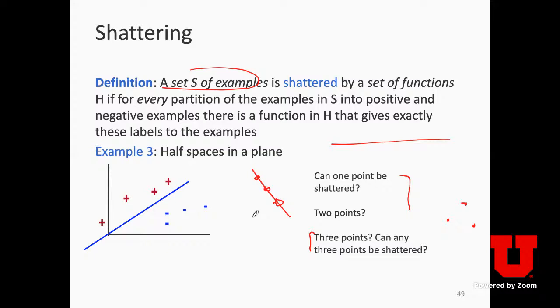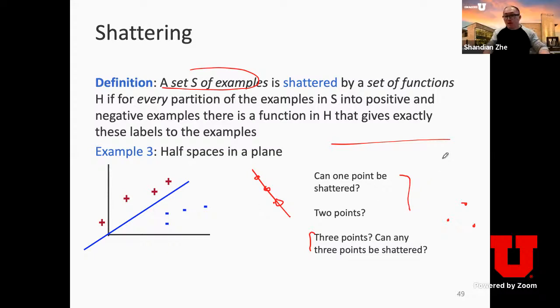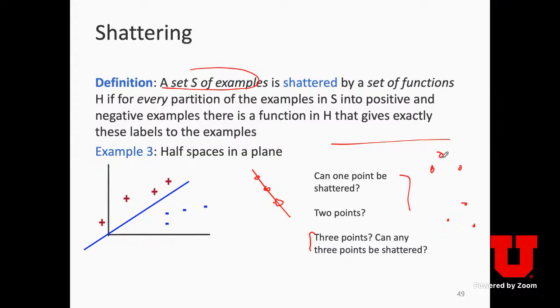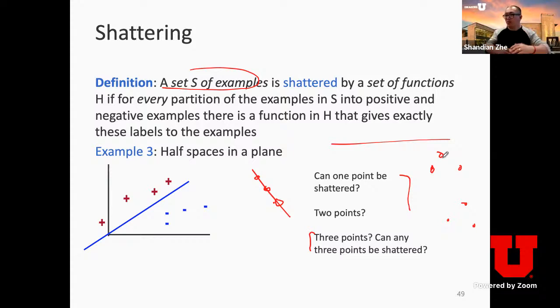But if these 3 points do not stay on a line, then you can show that they can be shattered. We're still looking at a particular set of 3 points. It is not to say that any 3 points can be shattered by linear classifiers.